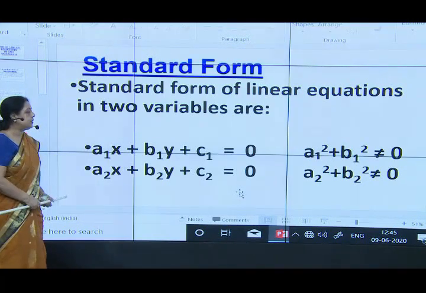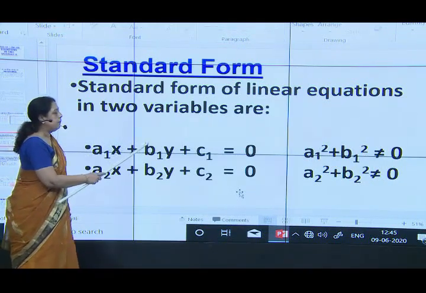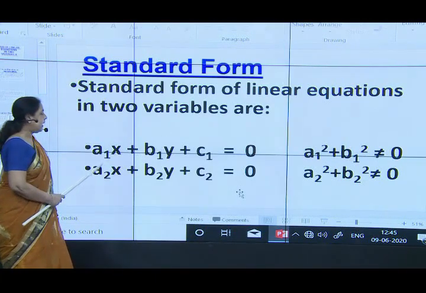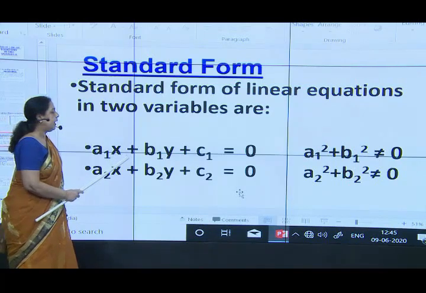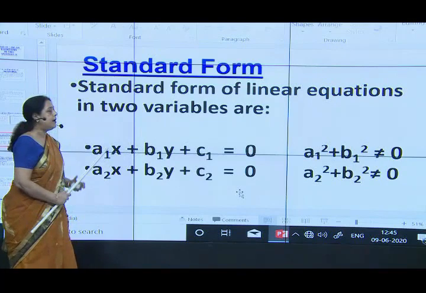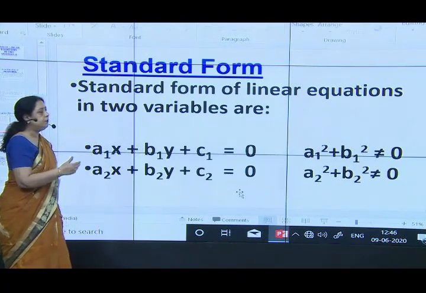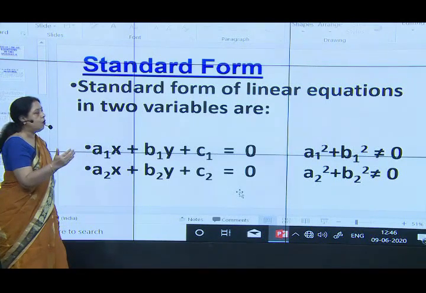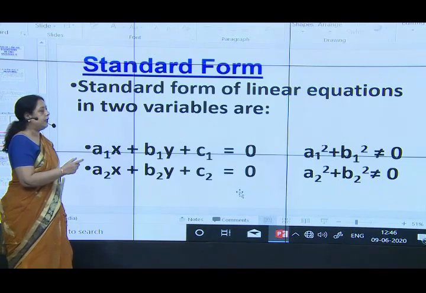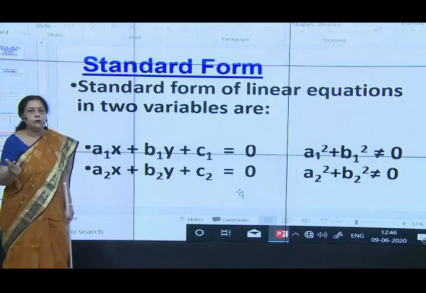The equations are a1x plus b1y plus c1 equal to 0 and a2x plus b2y plus c2 equal to 0, and the conditions are a1 square plus b1 square is not equal to 0, whereas a2 square plus b2 square is not equal to 0.